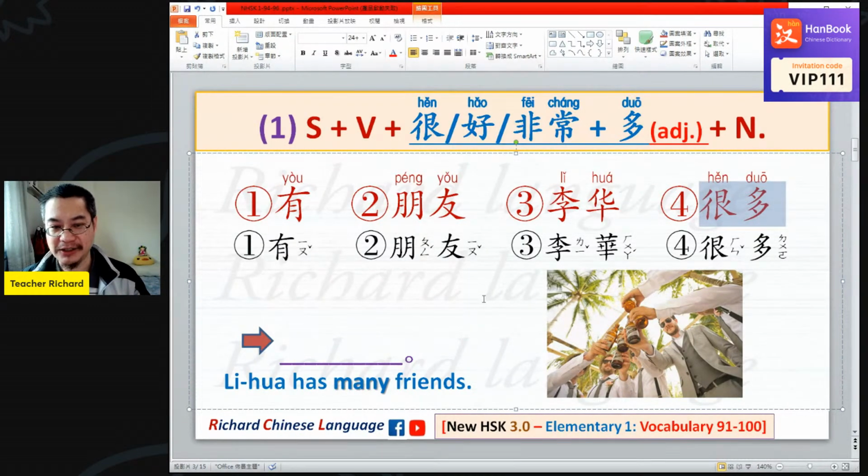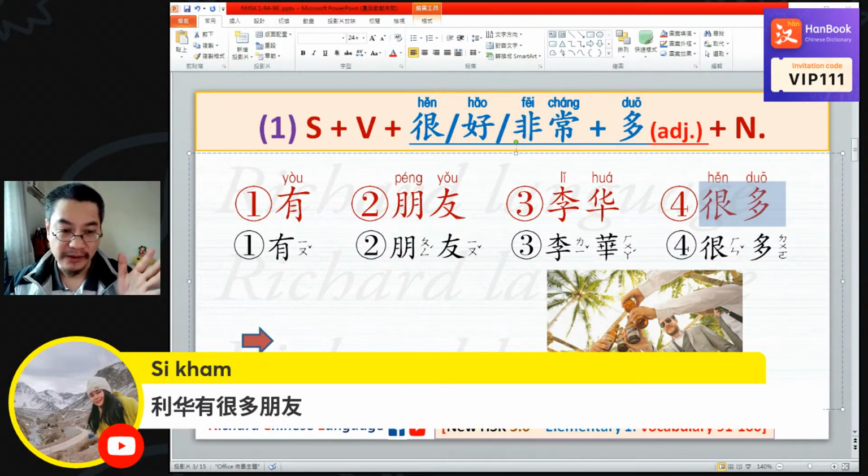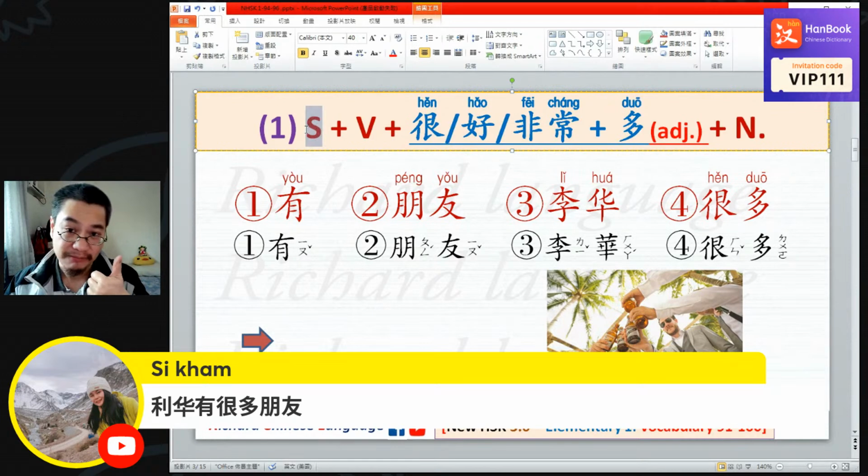So how to make a sentence like this? Put the words in order. 李华有很多朋友. Very good. 李华有很多朋友. Friend is a noun. 李华 has many friends.